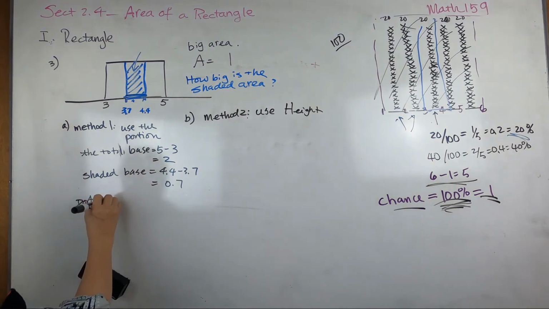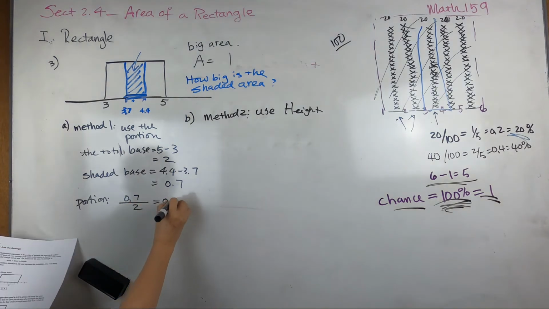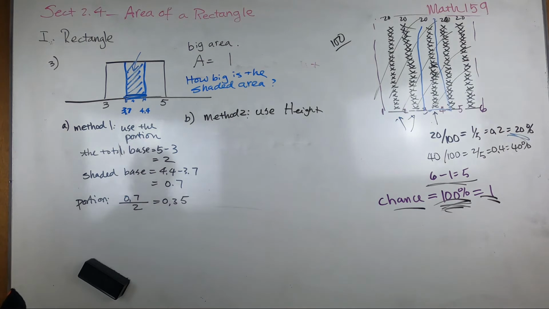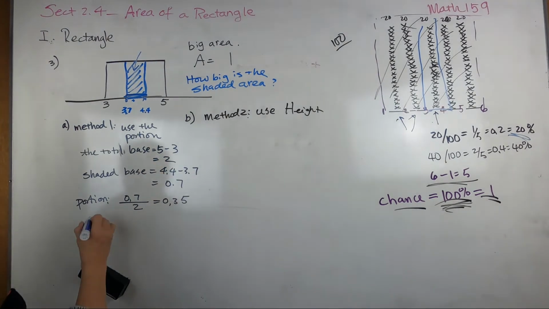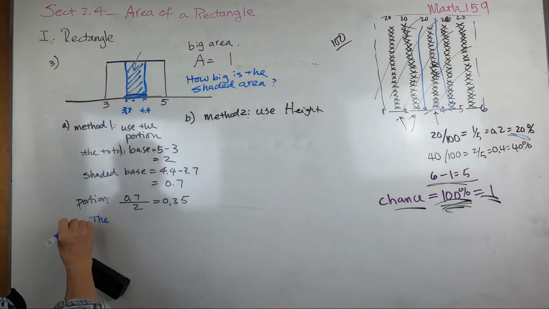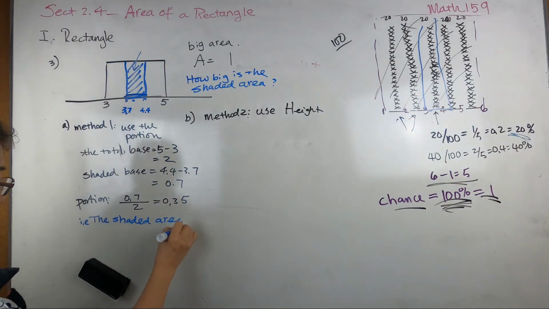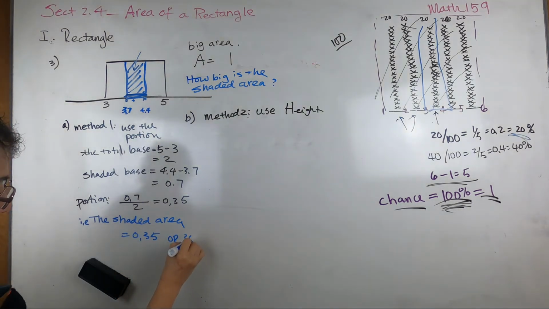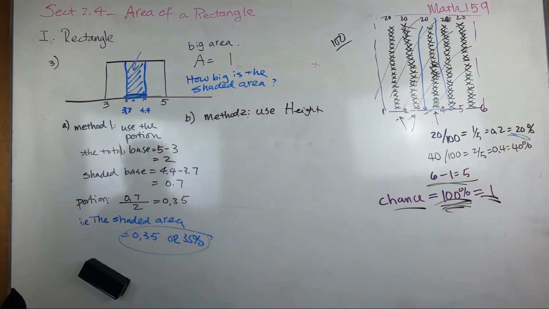The portion will be what? 0.7 divided by 2. It turns out to be 0.35 compared to the whole, right? So it means what? The shaded area is what? 0.35. Or you can say 35% compared to the whole thing. Okay?